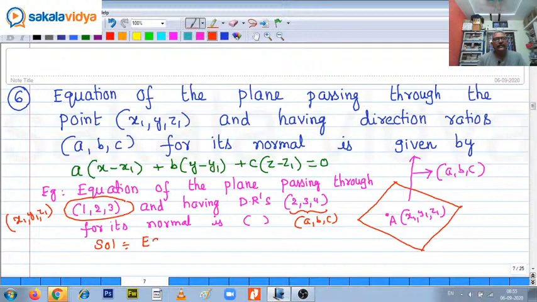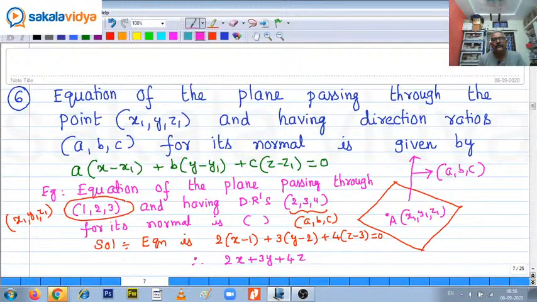So the required equation is 2(x − 1) + 3(y − 2) + 4(z − 3) = 0. So now, therefore, 2x + 3y + 4z − 2 − 6 − 12 = 0.